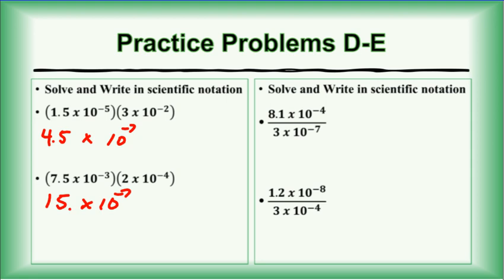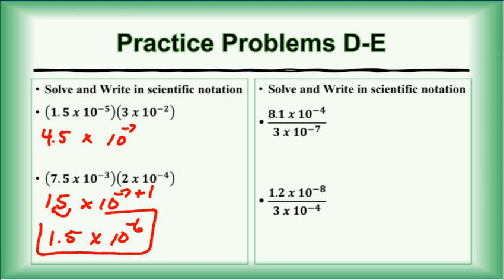But in scientific notation, that would be 1.5 times 10. I gained a decimal place, so I show that with plus 1 in the exponents, so that's a negative 6. So just remember, when you gain decimal places, you add to the exponent. When you lose decimal places, you subtract from the exponent.